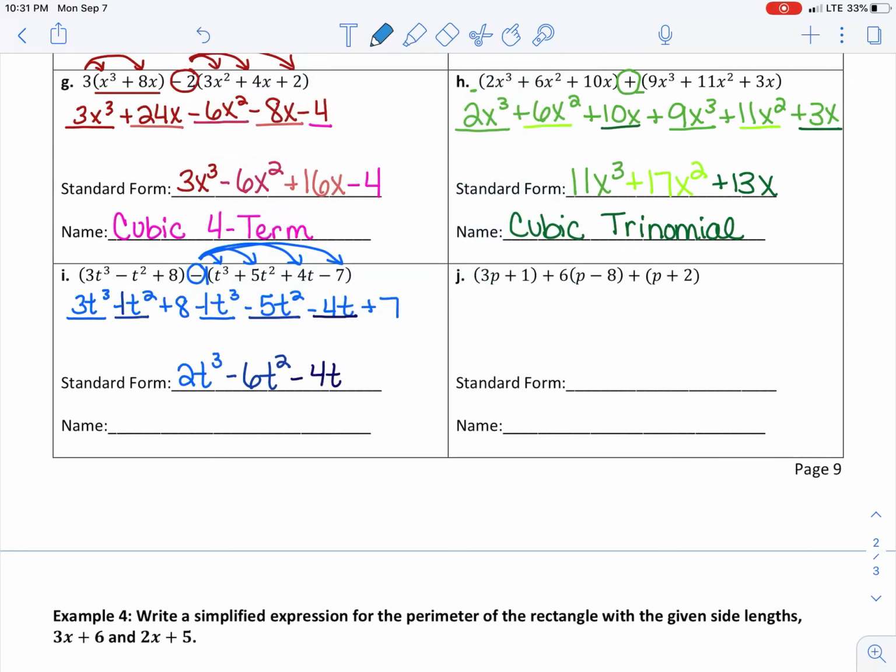And then we have 8 plus 7, which gives me a +15. Again, our highest exponent here is a 3, like it has been the last couple times, so it is a cubic. And we have 4 terms here, so it's going to be a cubic 4-term polynomial.